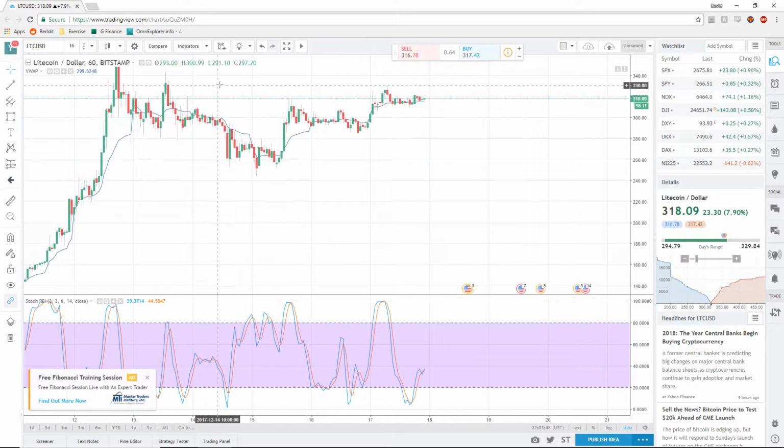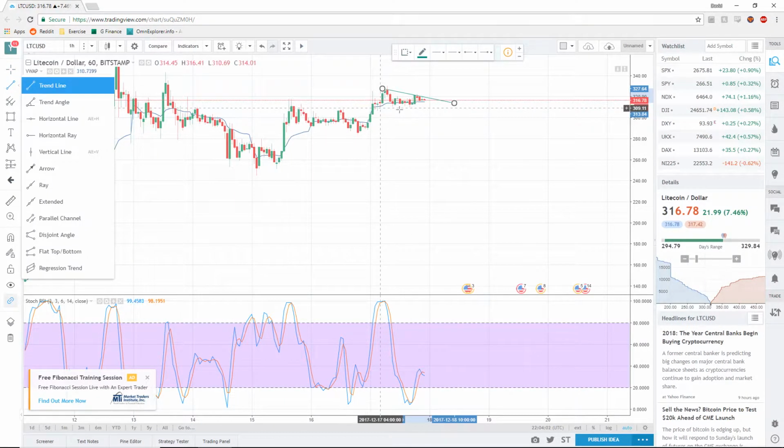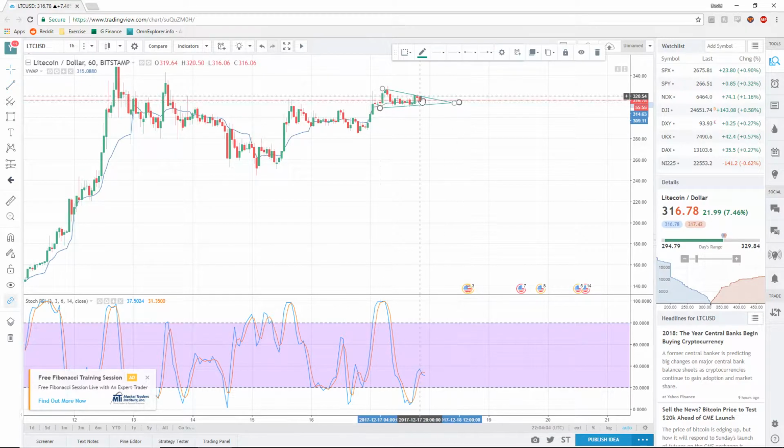And right here, you can tell on the 1 hour that the consolidation is getting tighter and tighter. Once it gets super tight, because they're just doing triangles like this, once it moves into a wedge like this, the price has to go somewhere at that point.